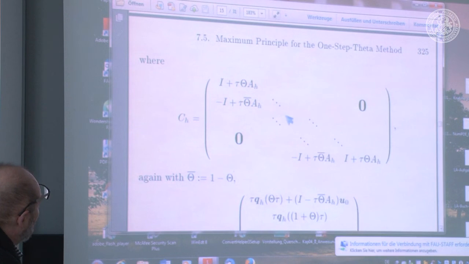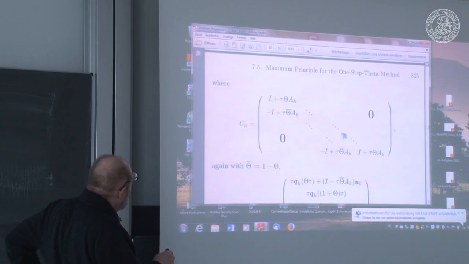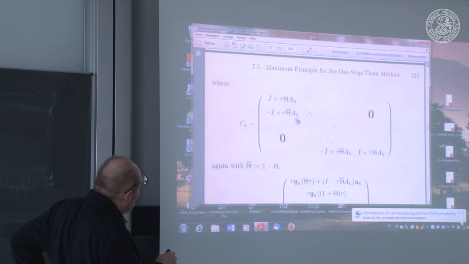What is with all the others? With all the others we have this part and we have this part. So the 1 is cancelled by the -1 here. And the factors in front of the corresponding sums are tau, and the other factor is theta plus theta bar. Theta bar is 1 minus theta, so theta plus theta bar is 1. So what is left is tau times the A sum.